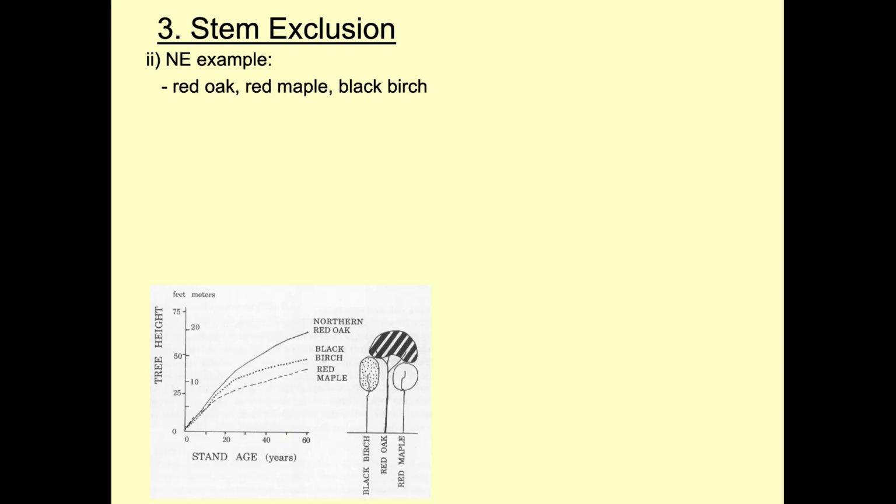Let's take a look at this northeastern example. Focusing on stands of red oak, red maple, and black birch, these researchers carried out a study that helped us better understand these mixed single cohort stands.